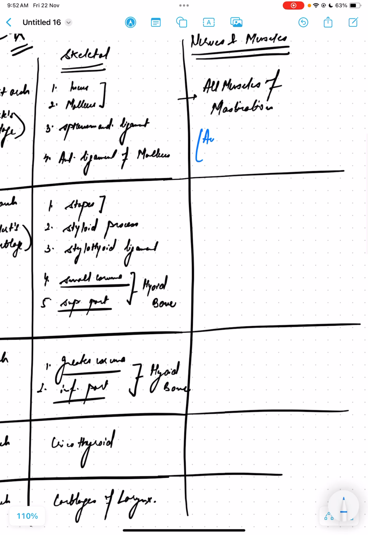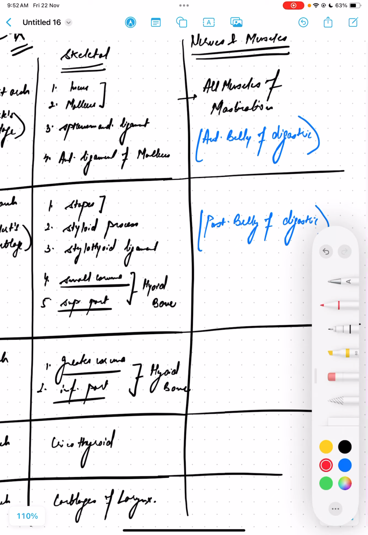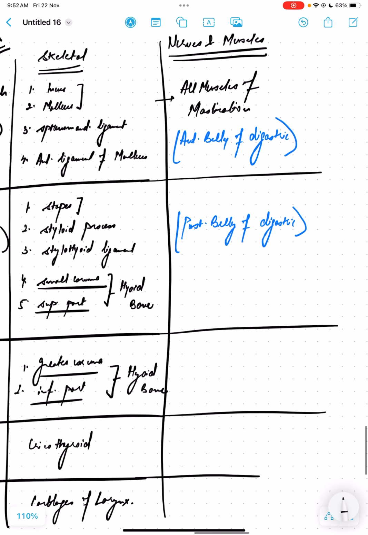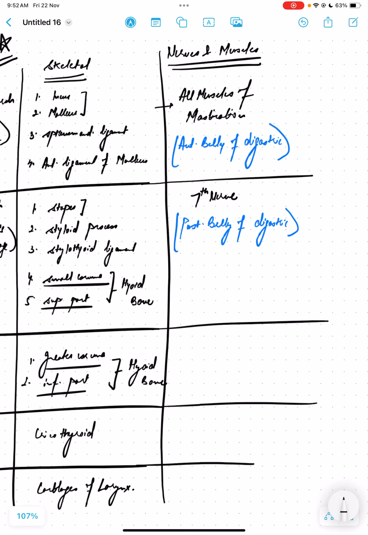Here it involves the anterior belly of digastric, while in the case of second arch there is the posterior belly of digastric. And what is the nerve involved here? It is the 7th nerve, that is our facial nerve, okay.